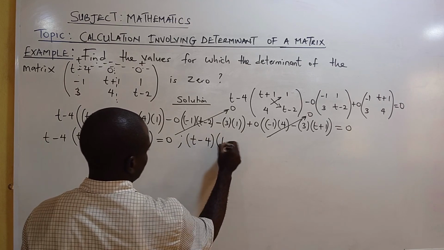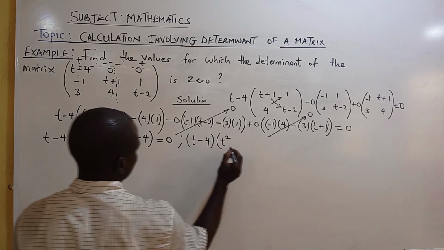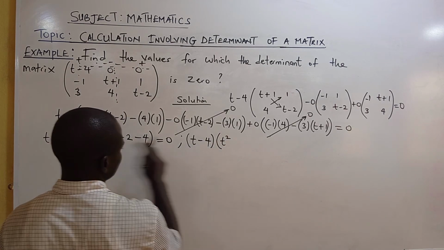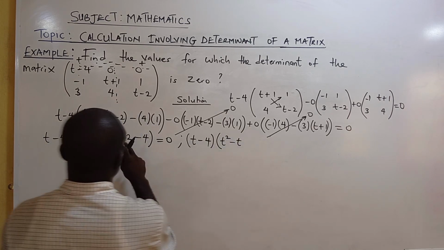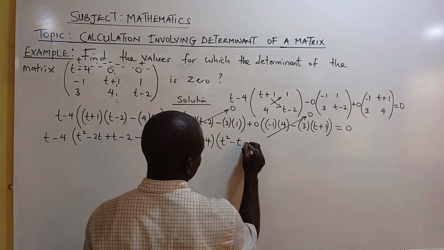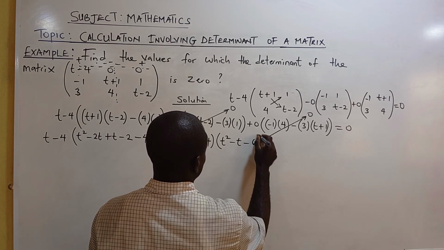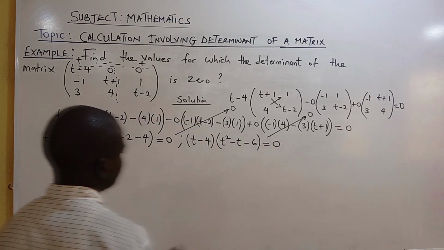Now this one is t squared minus 2t plus t, that's minus t, minus 2 minus 4, that's minus 6, bracket, equal to 0.